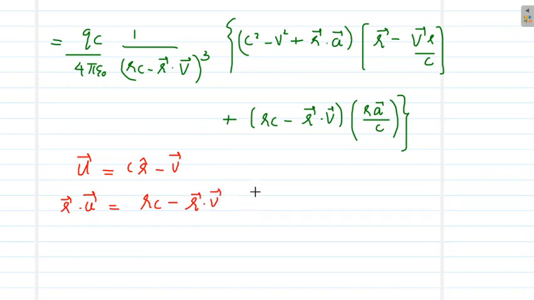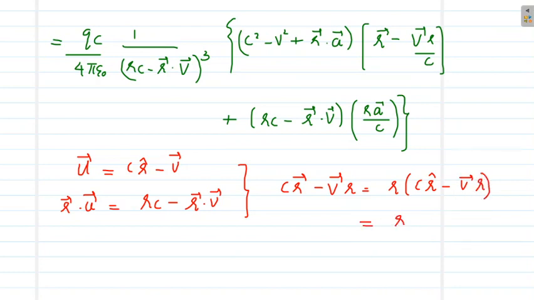Similarly, from these equations you can also see that if we have an expression of the form c r bar minus v bar r, it will be r into c r cap minus v bar r, and this will be equal to, with v bar r taken as common, r into u bar.